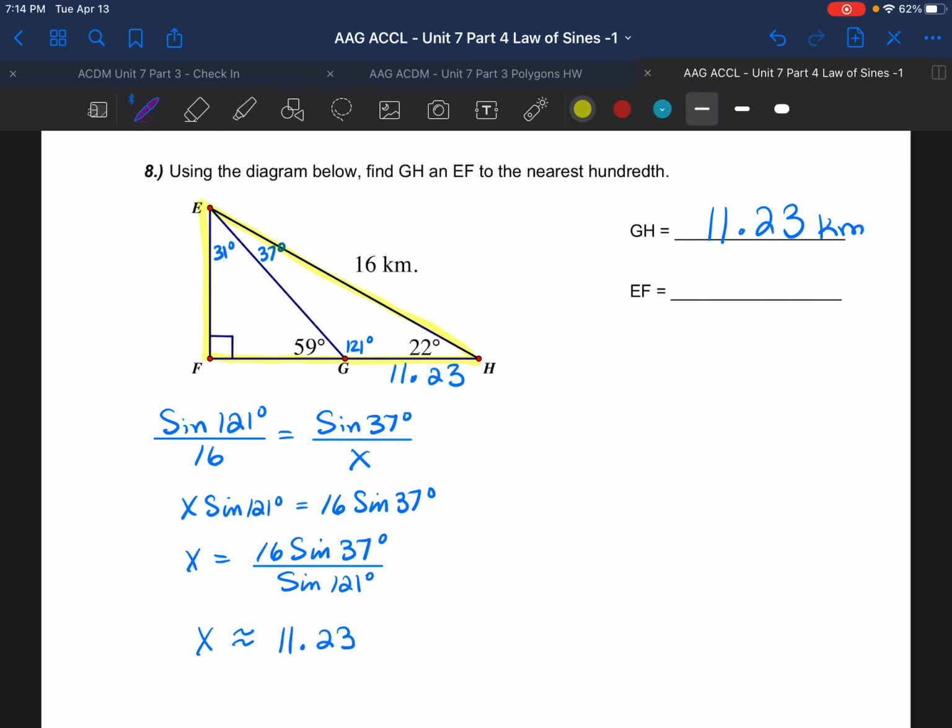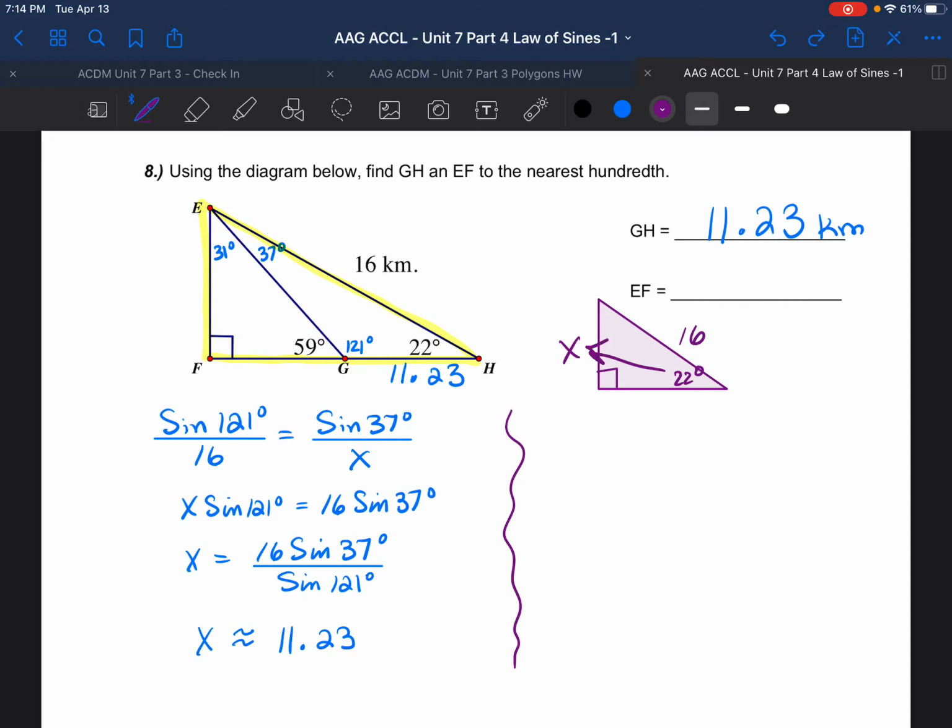I don't need to use the Law of Sines because that triangle by itself is a right triangle. So I'm not going to draw the whole thing, but I should at least be able to envision that this is 16. This is 22, and I'm looking for the side that's straight across from it, EF. So I'm just going to use straightforward traditional SOHCAHTOA, all right?